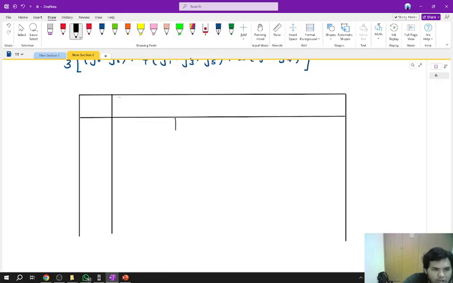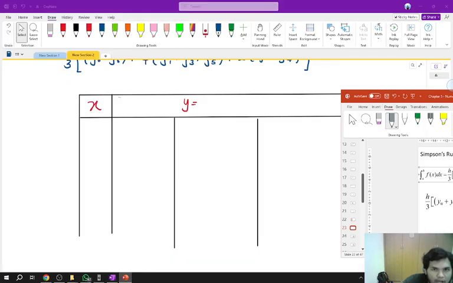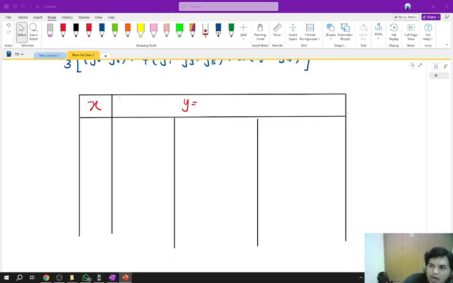Here is our x, and we have y as our function, which in this case is y equals 1 over sec x plus 1.